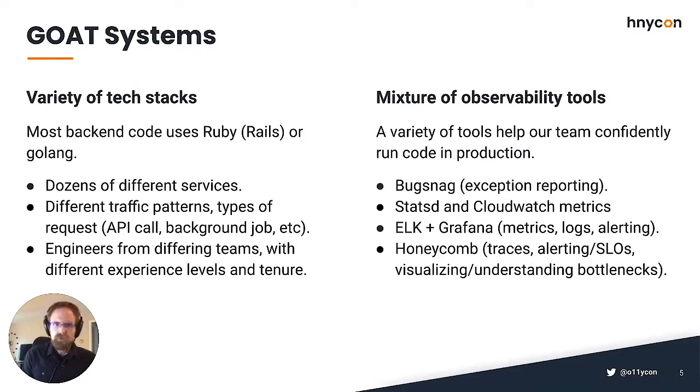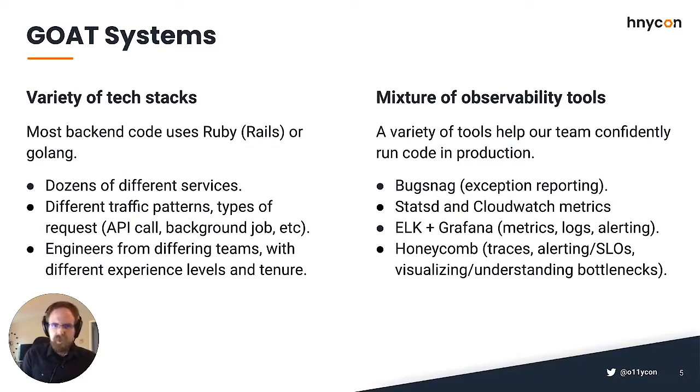And then at the other end, we have very senior people, more than a decade of experience, deep experience running systems at scale at similar companies. So the tools that we use to keep track of our systems as they run need to be comprehensible and usable by all of these engineers, and they need to deliver good insights across these different tech stacks, these different service types, and these different traffic patterns.